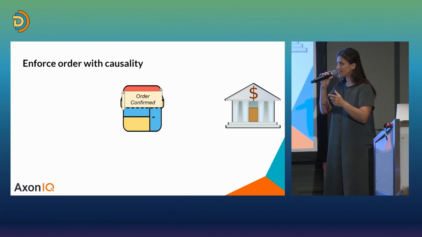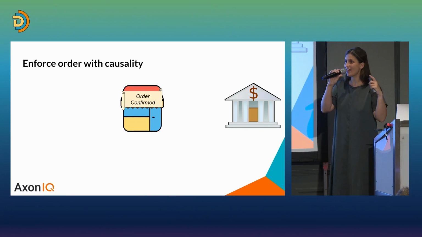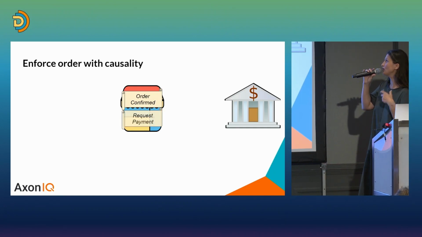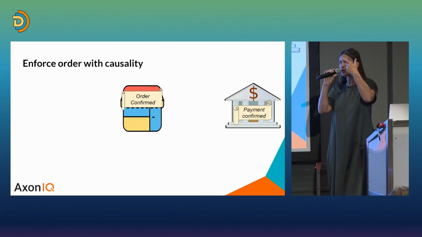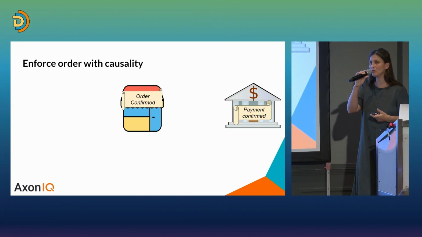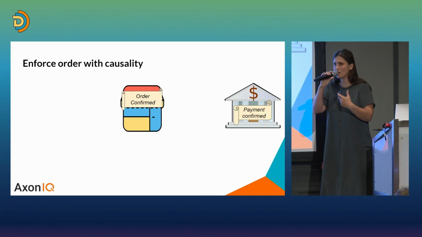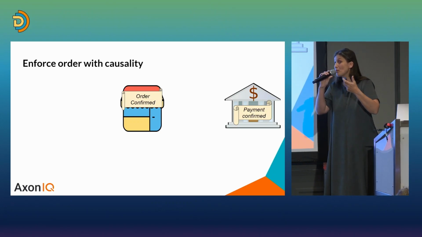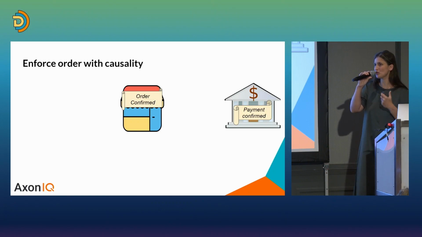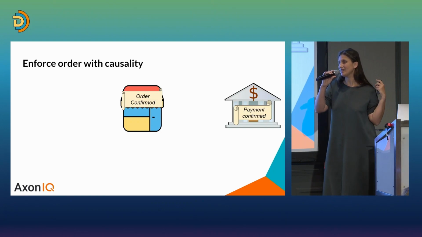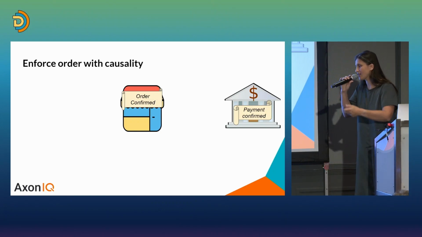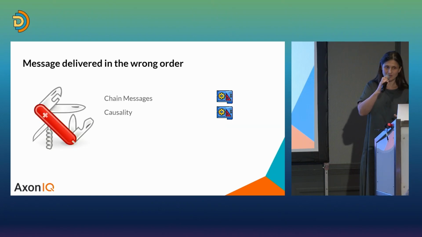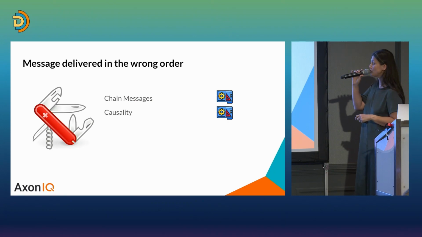It is exactly the order confirmed event handler that triggers the sending of the second command. So the request payment is sent as a consequence of the order confirmed event. In this way, it is impossible, of course, that the payment request is sent before, because it is exactly the confirmation event of the order that triggers the sending of the next command. So this is another design solution that we have for this problem.